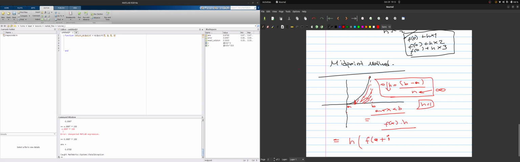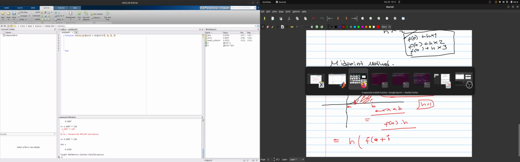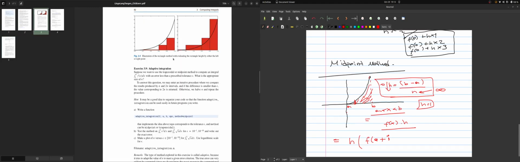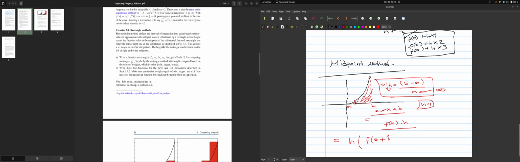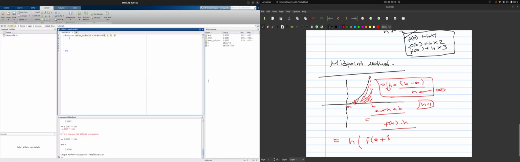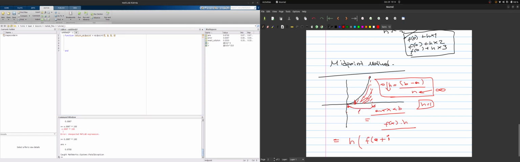I will just check a function from here. This is the rectangle method, the visualization of the rectangle method. For example, let's say this is 1, and this is 5, and we divide it into 5 steps: 1, 2, 3, 4, 5.